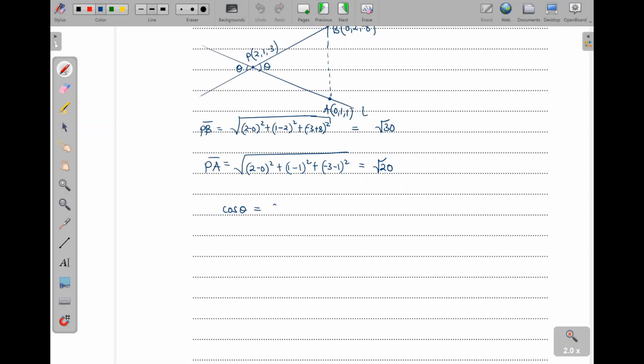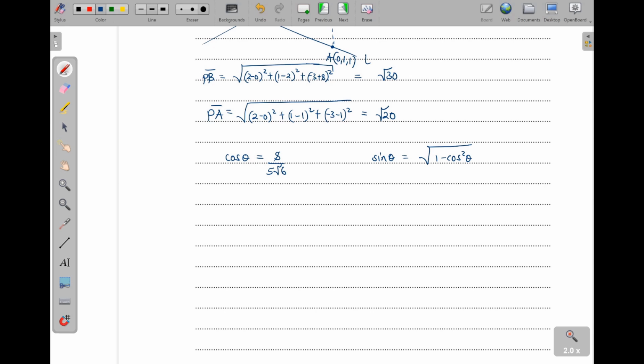Now, if it is 8 over 5 root of 6, you know that we are looking for sine. So sine is equal to the square root of 1 minus the cosine squared. Because remember, cos squared theta plus sine squared theta is equal to 1, right? And sine squared theta is going to be equal to 1 minus cos squared theta.